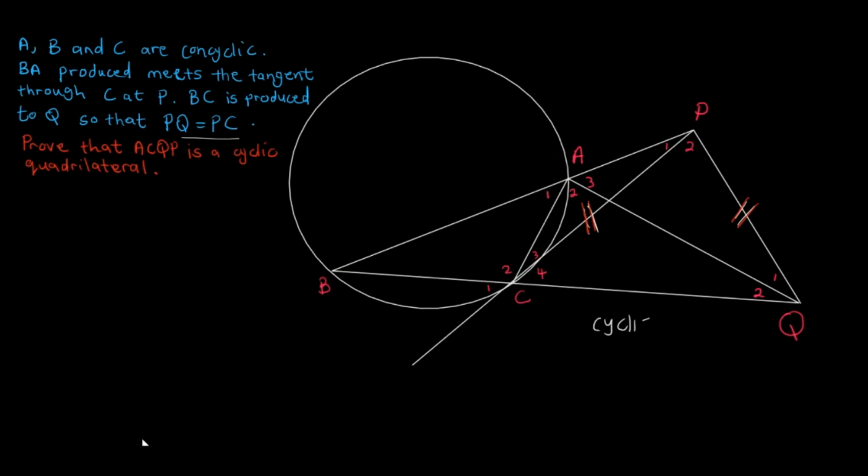A cyclic quad, right? So there are some properties that we need to note down. A cyclic quad is obviously 4 points on a circumference, right? That's how we identify a cyclic quad. Or another thing is if you have an exterior angle of a cyclic quad, it is equal to the opposite interior angle, right?